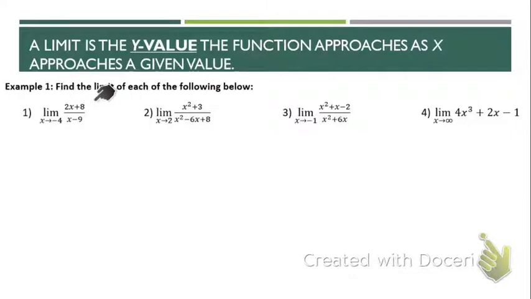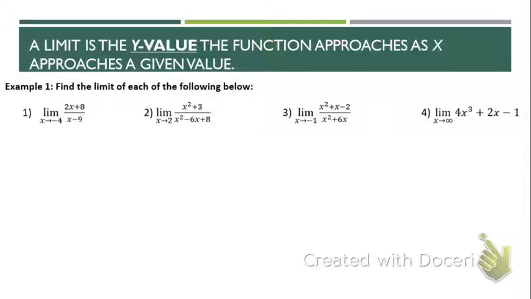So the first thing we're going to talk about is finding the limit when we have an equation. If this is my function and I want to know the limit as x approaches -4, all you're going to do is substitute in -4, because that's going to tell you what the y value is approaching at -4.